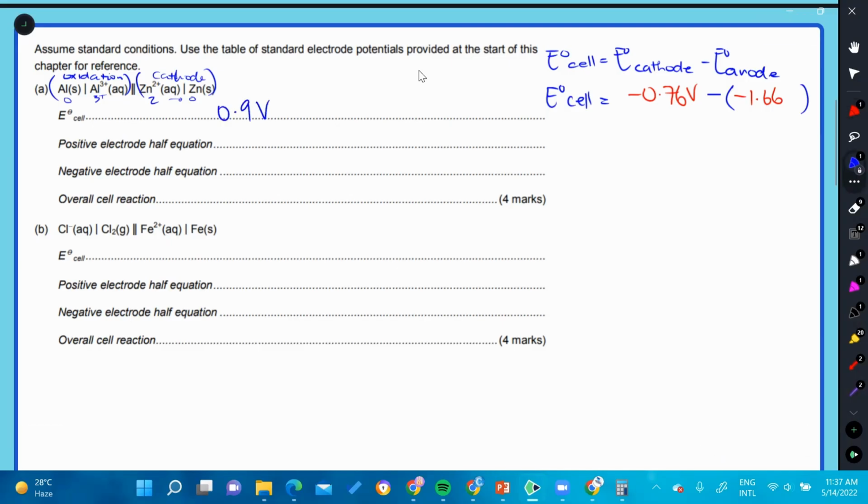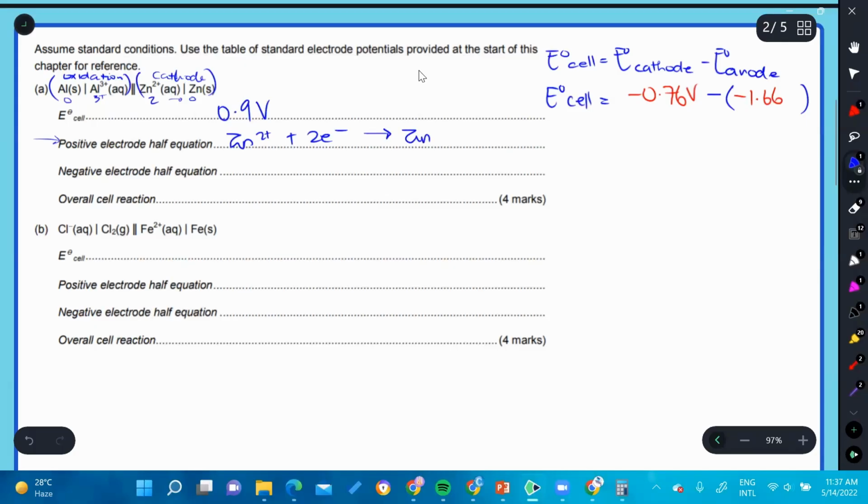Now they want you to write the positive electrode half equation. The positive electrode is our cathode. So this would be Zn2+ plus 2 electrons, right? That will give you Zn solid. Remember to put your state symbols, the aqueous.